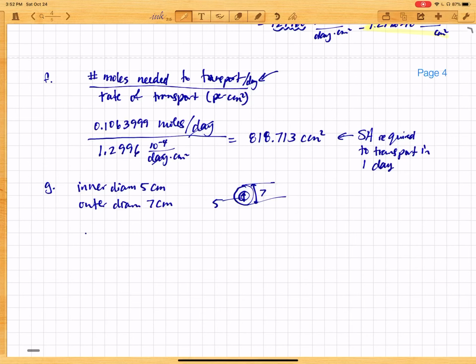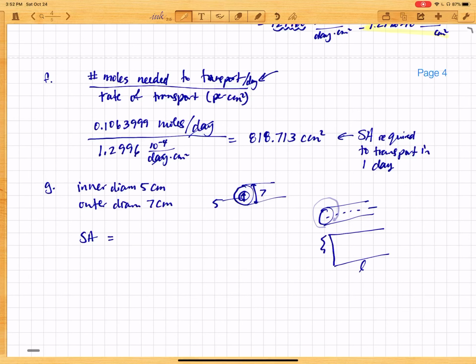Okay, so for surface area we're going to use the formula for a cylinder. We're thinking of this cylinder as a rectangle. If we take this and cut it and open it up, what we have is the length of the gut, and the width is just this circumference.